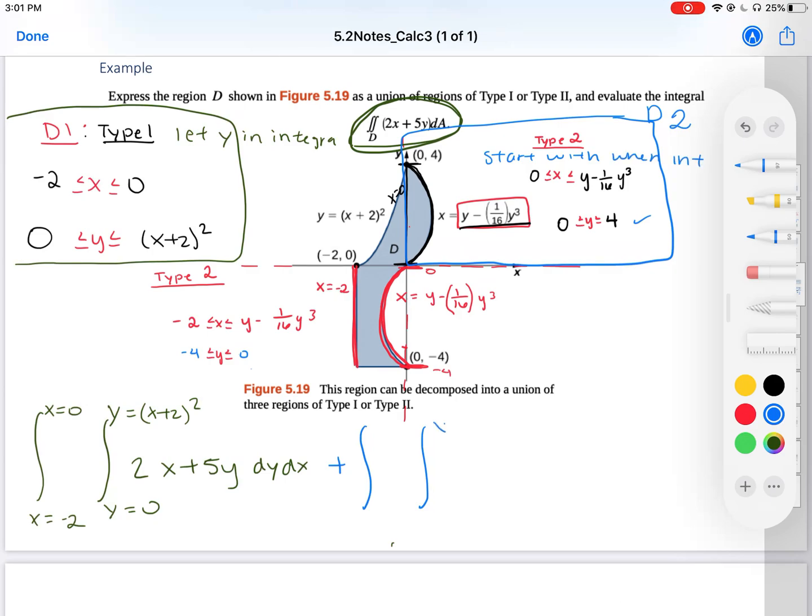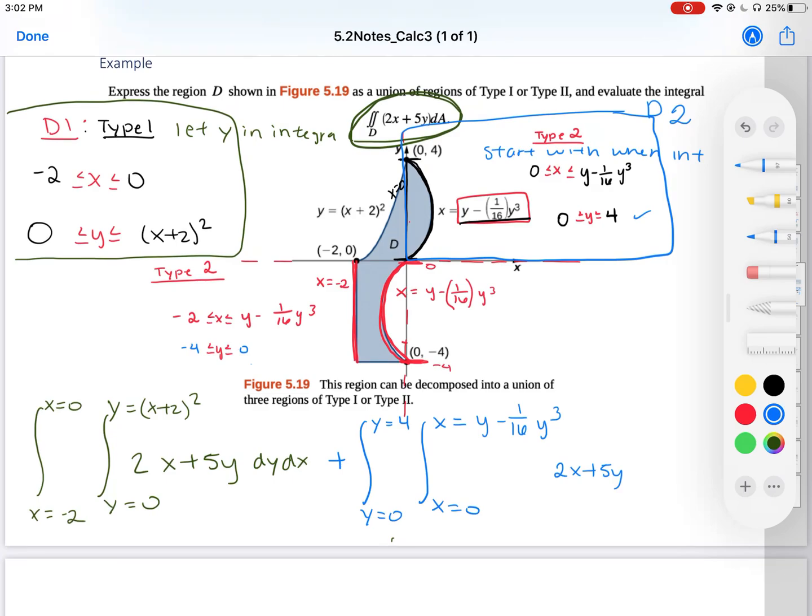So we have x equal to y minus 1 over 16 y cubed to x equals 0. And for my y's, I have 4 and 0. The function we're integrating is 2x plus 5y, dx dy, because x is first.